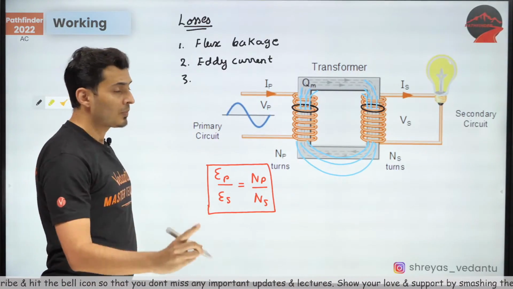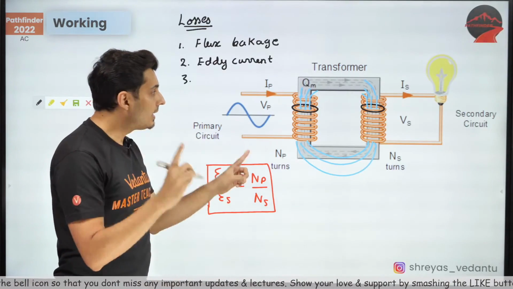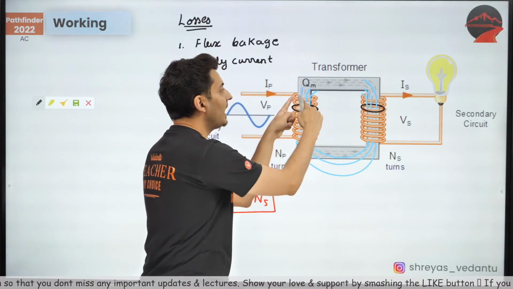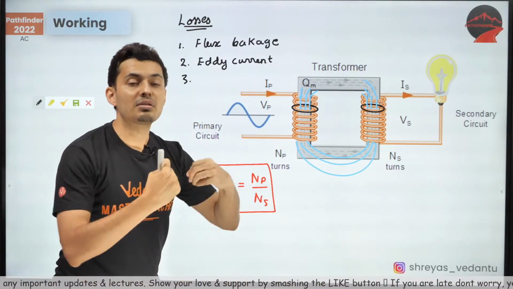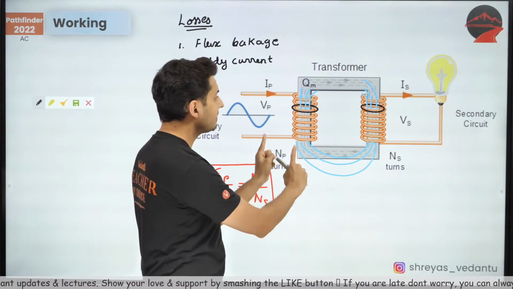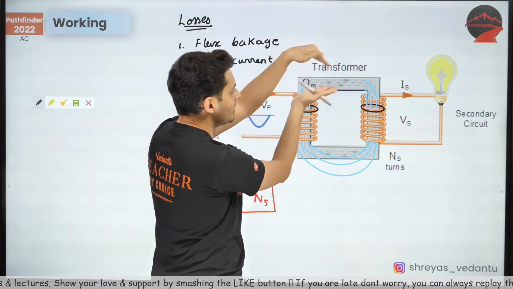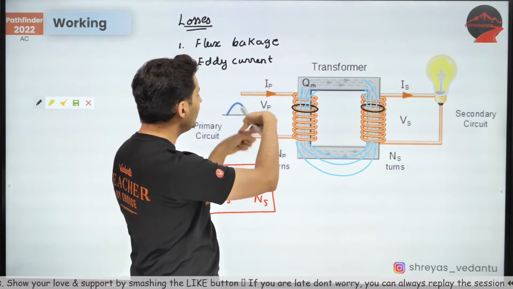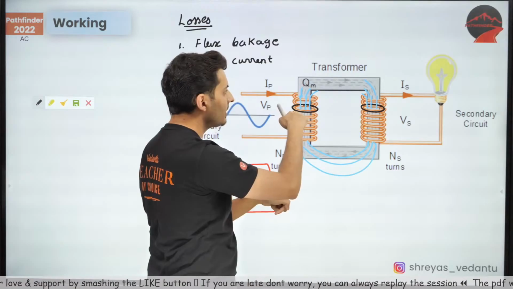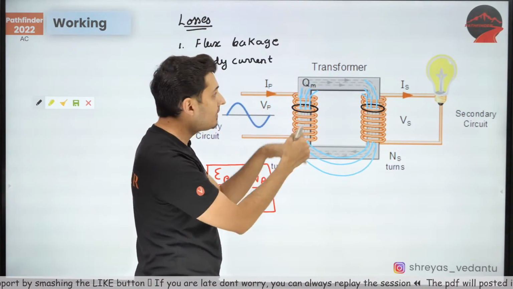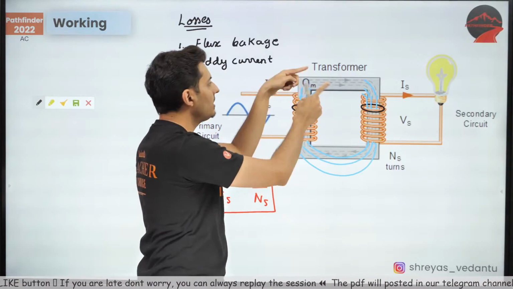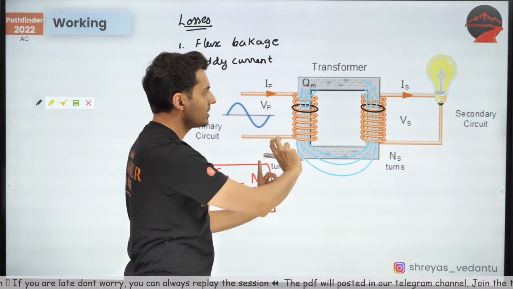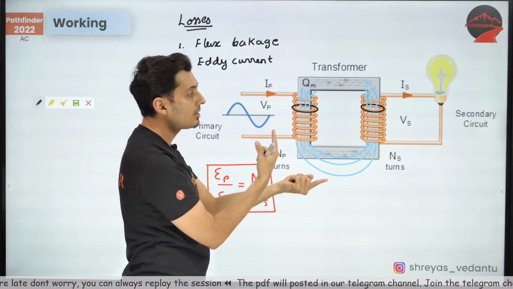The third way the losses can occur is when the magnetic field goes inside this gray colored core, it gets magnetized in that direction. Once the current reverses, the magnetic field reverses, and the magnetization also reverses. Again the current changes direction, the field changes direction, and the magnetization is in a different direction.